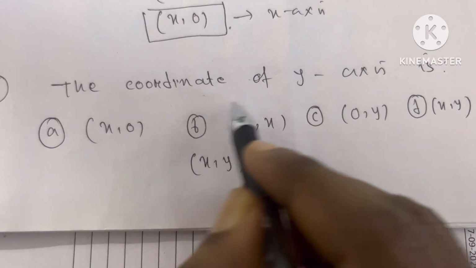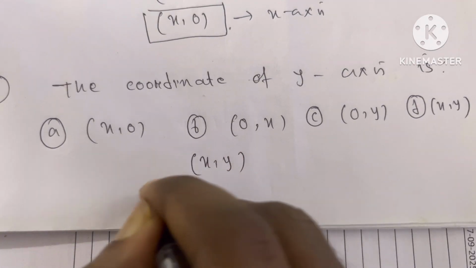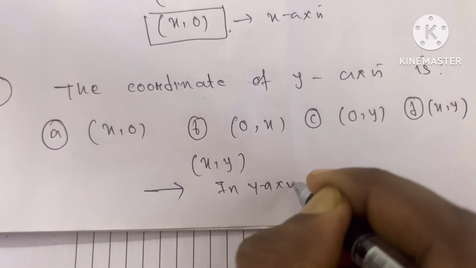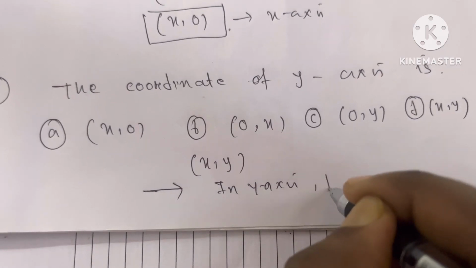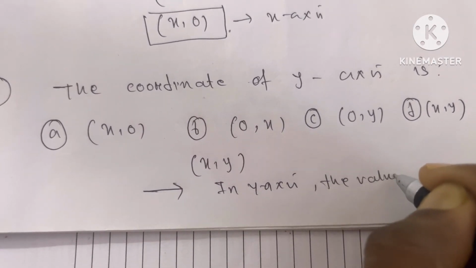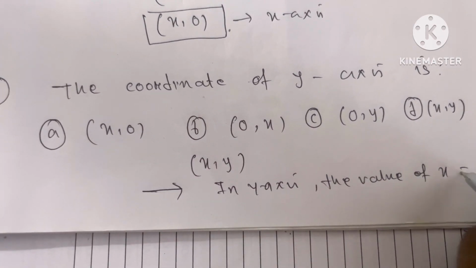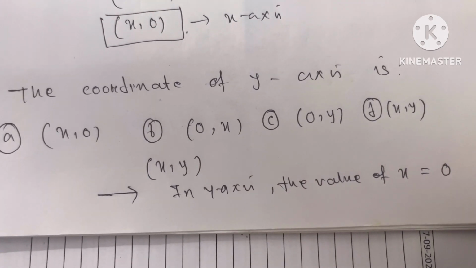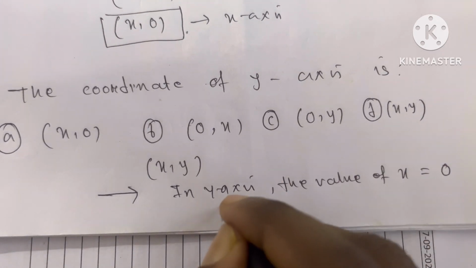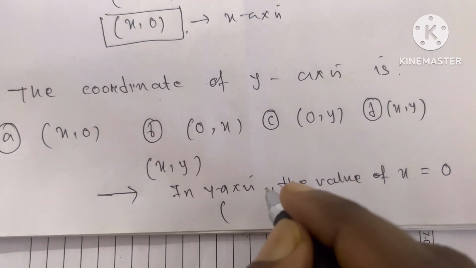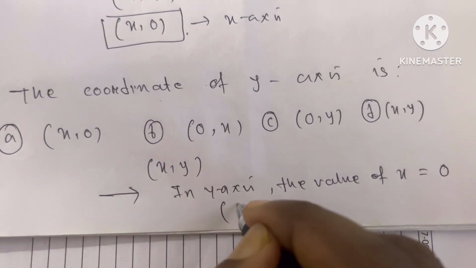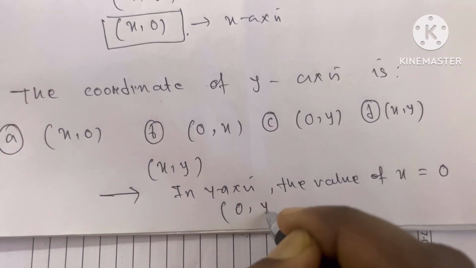But I need the coordinate of the y-axis. In the y-axis the value of x, the coordinate of x, will be 0. So the coordinate of the y-axis is 0 comma y.